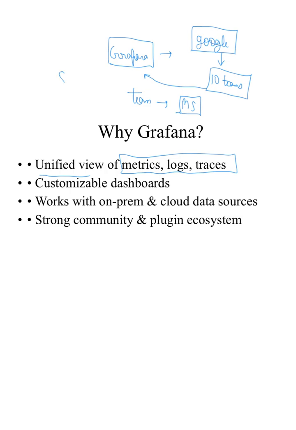So all your SREs, site reliability engineers, or any specific team which monitors your system can have one Grafana URL and view everything related to your company. The boards are very customizable.